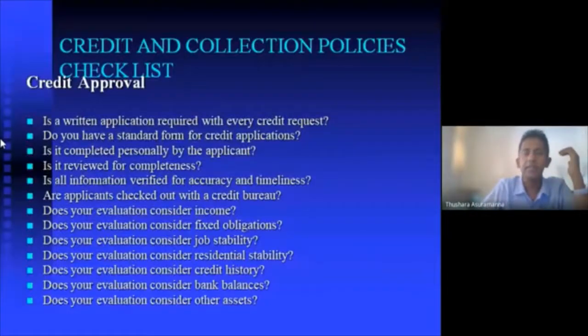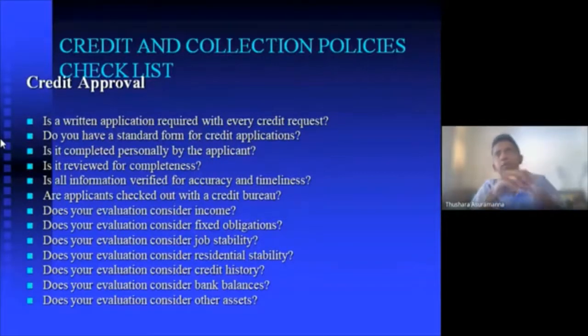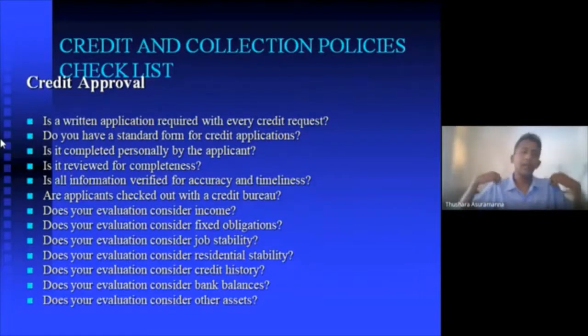see the last area, the credit collection policies checklist. This is basically out of what we planned to learn, and it could be important if you are doing a credit officer kind of role, then you can use this. Under credit approval, you check whether you are fulfilling these areas.